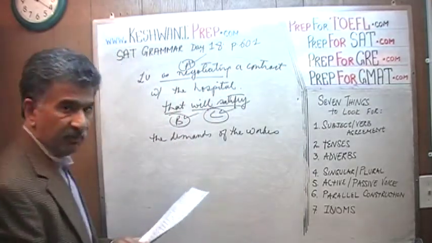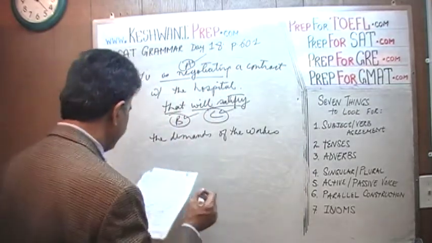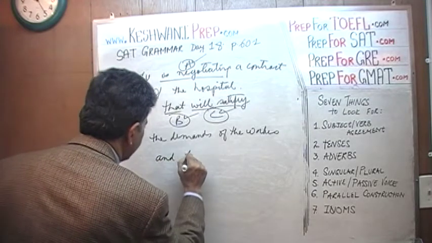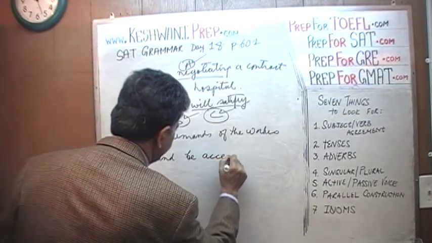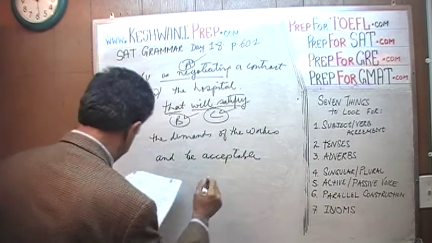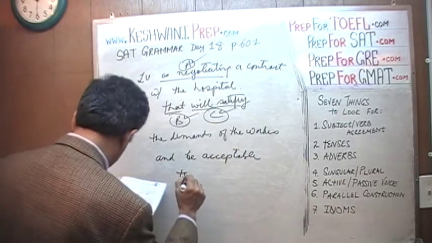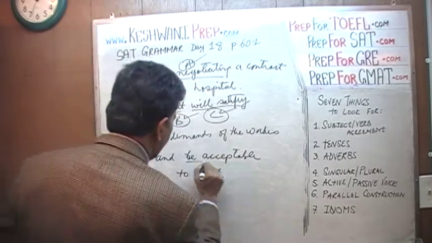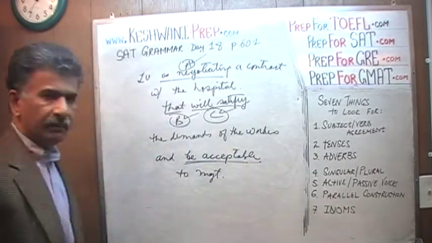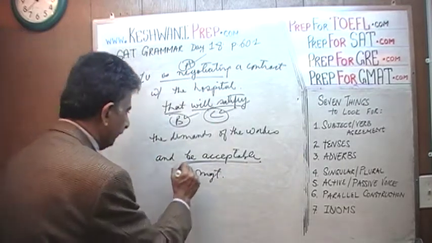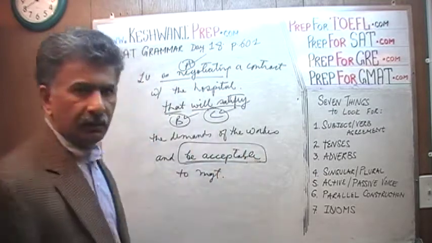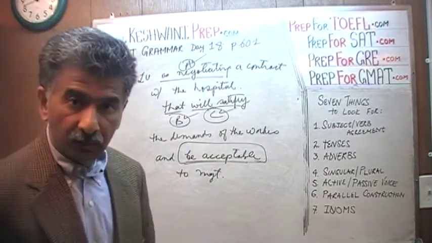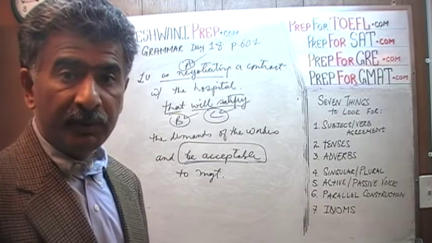That will satisfy the demands of the workers and be acceptable to management. The part that kids sometimes have trouble seeing is this part, be acceptable. It is because of this reason that we did the previous example.